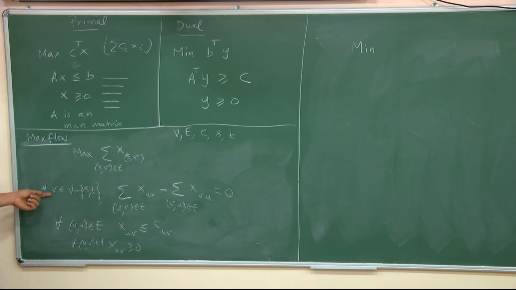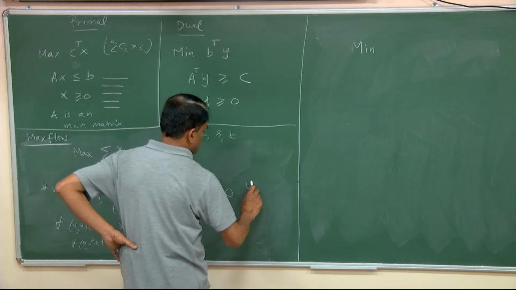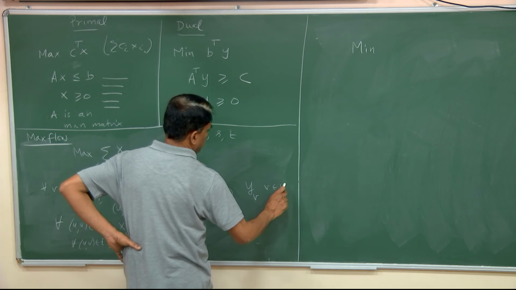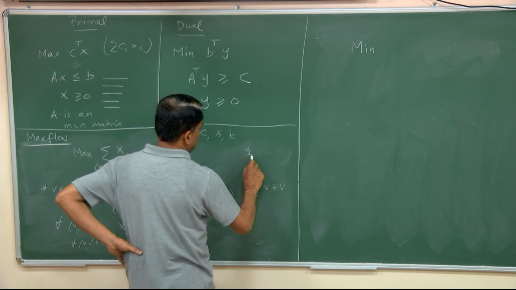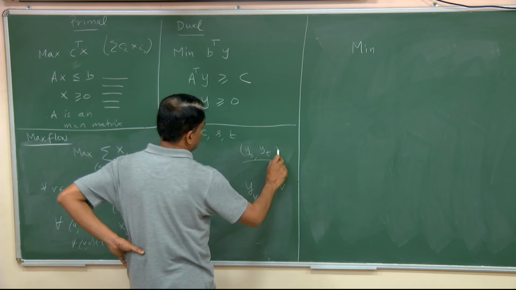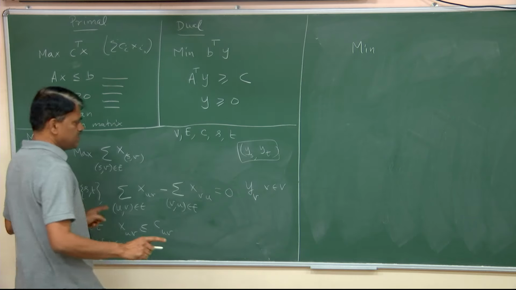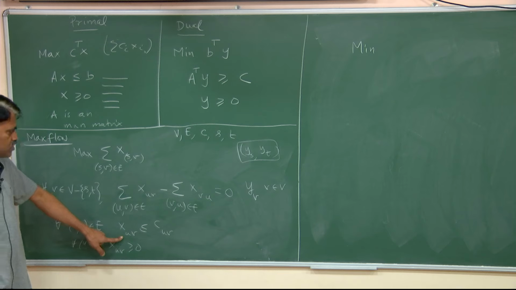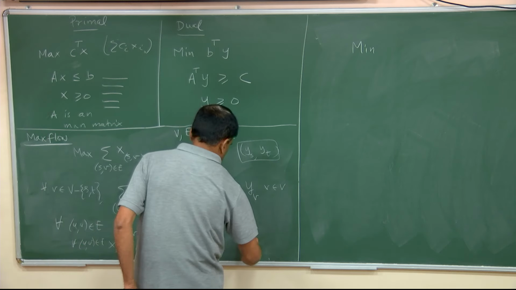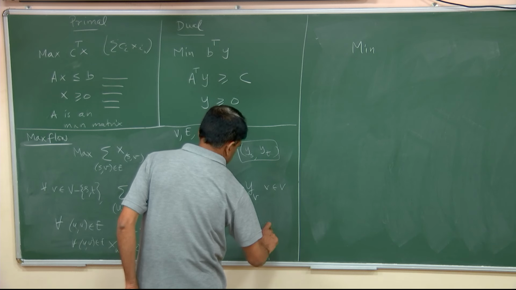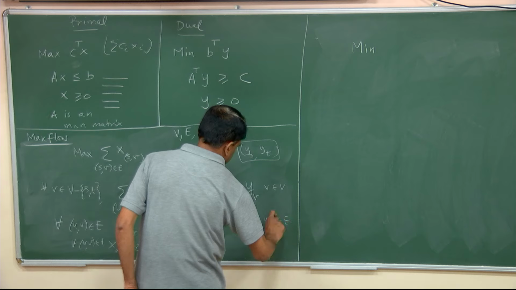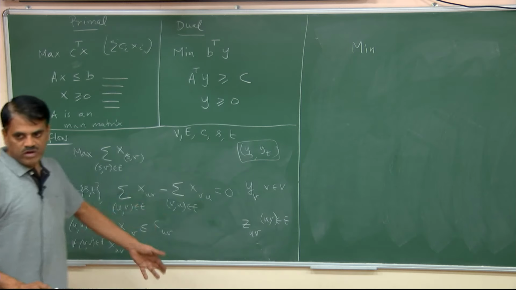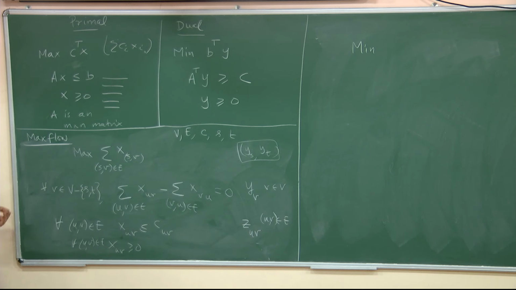These constraints are for every vertex except S and T, so let's define some variable YV for all V in V minus S, T. Maybe I'll use YS, YT also, I'll come back to it. And for every edge, I have this capacity constraint, so let's have a ZUV. These are my dual variables. Dual variables correspond to primal constraints.